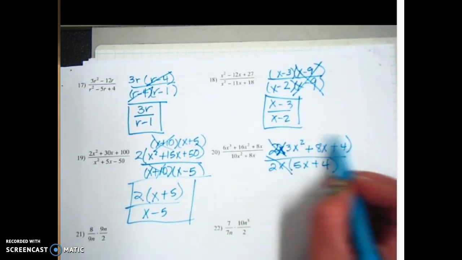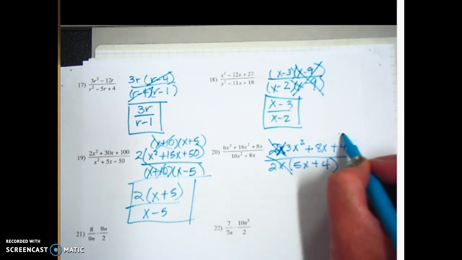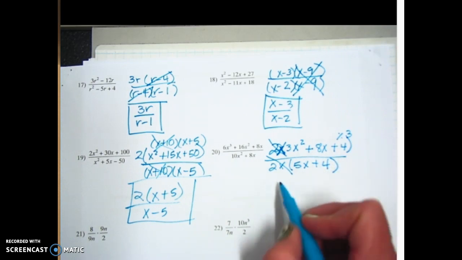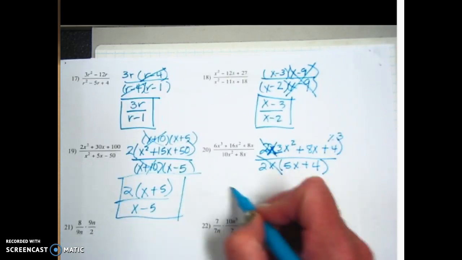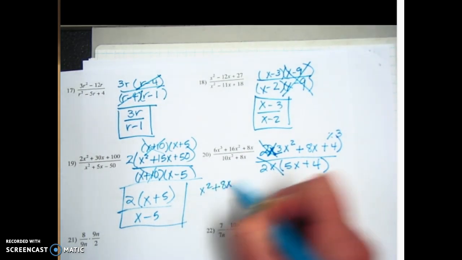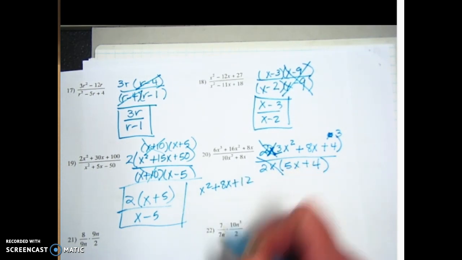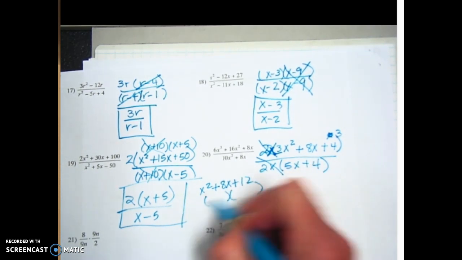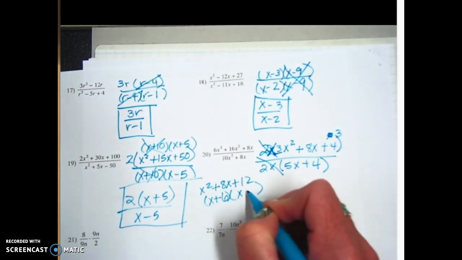Nice. And then for this numerator up here, I'm going to need to do slip and slide. So I'm going to need to divide by 3, which will give me x squared plus 8x, multiply by, so plus 12. And then that factors to x plus 6 and x plus 2.